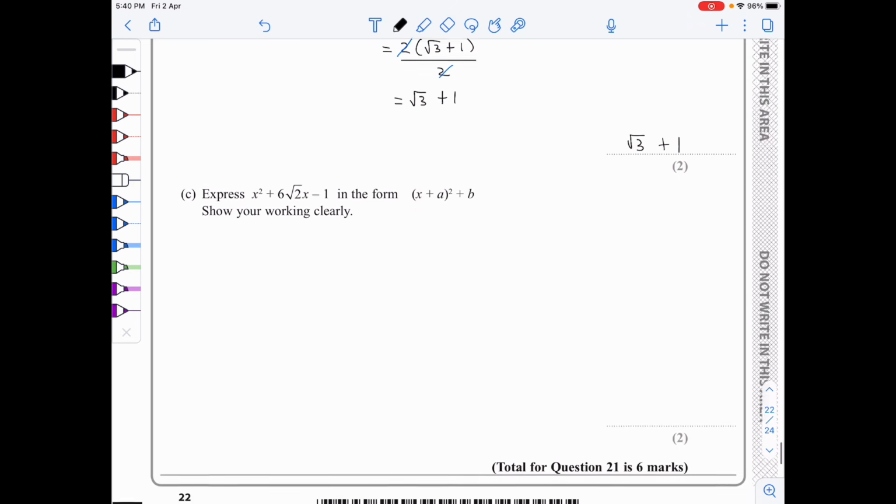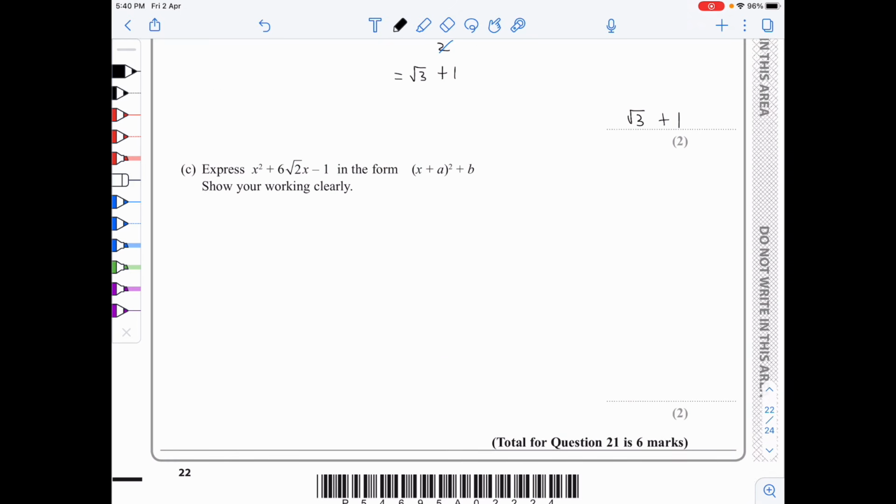And C, we need to express x squared plus 6 root 2x minus 1 in the form x plus a squared plus b. We need to show the working clearly. This indicates the completing the square approach. The only problem is that we've got a root here, which makes things look a bit more complicated. So what we could do is say that x squared plus 6 root 2x minus 1 is x plus 3 root 2 all squared.